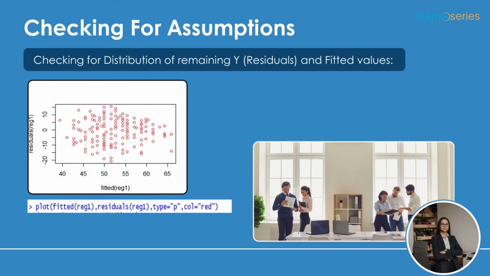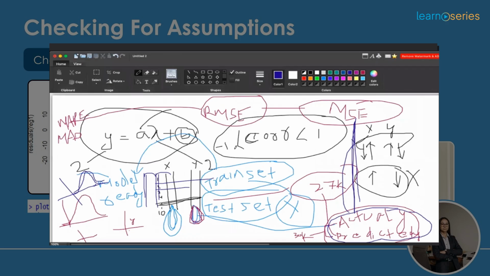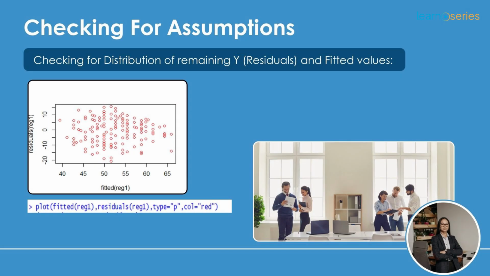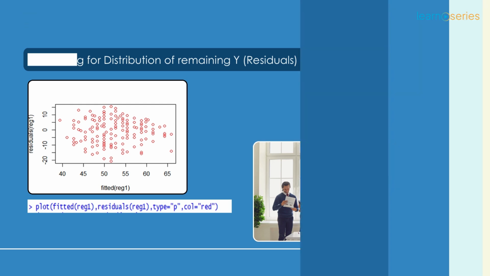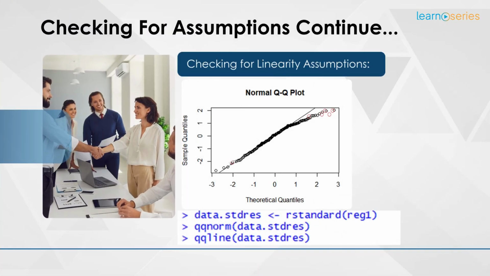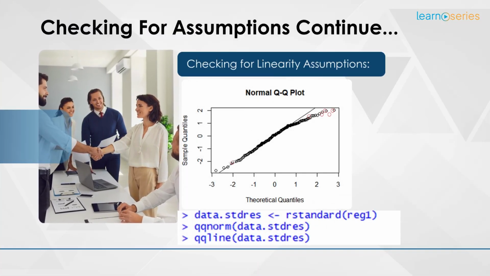Residuals, we'll plot the residuals to find out, as I told you, if you find a large number of residuals, that means your model is not built properly, because it's not taking a large amount of your data into consideration. So that's why you are getting a large amount of residuals. Then we'll plot something and try to see tomorrow how it is.